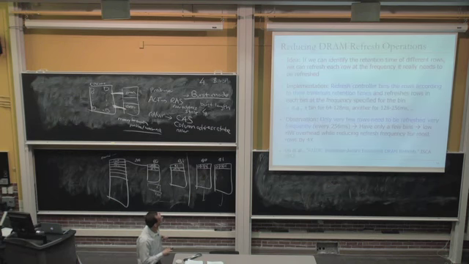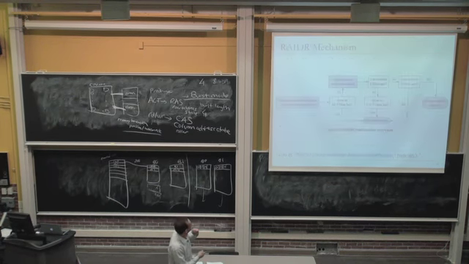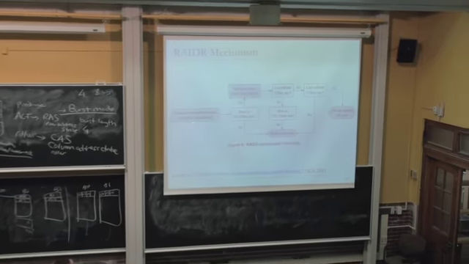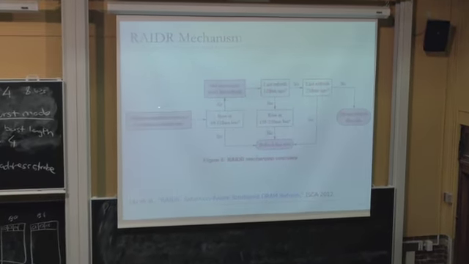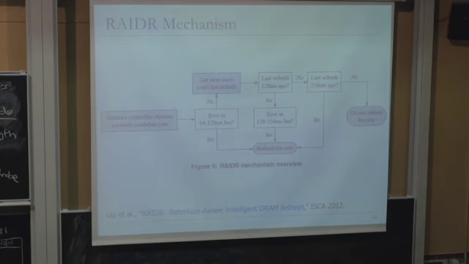OK, so that's the idea, basically. So how do you design a controller that does this? Basically, the memory controller, once in a while, generates a refresh candidate, and that's the distributed refresh part of the mechanism. A row address is generated, and this row address is checked in the bin. Is this row in the bin that needs to be refreshed frequently at this time?